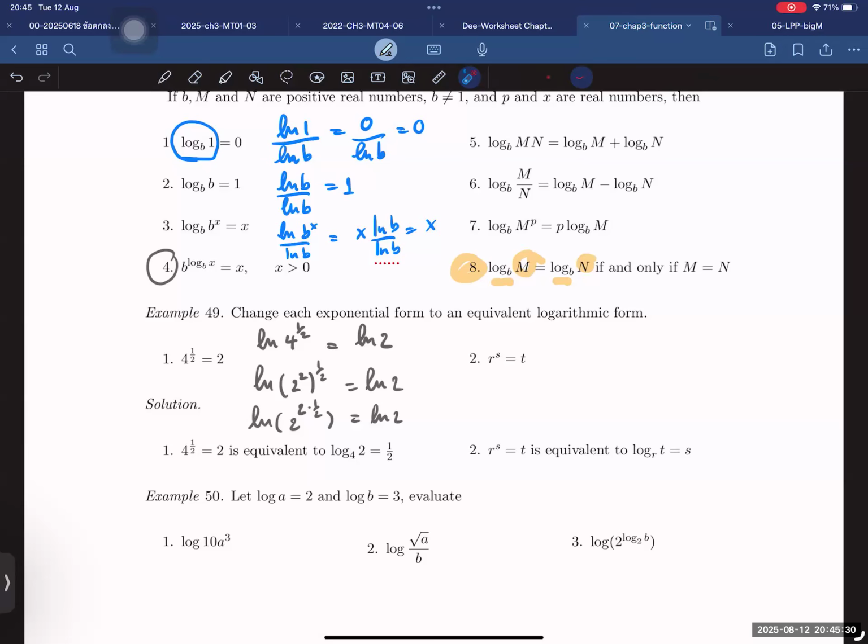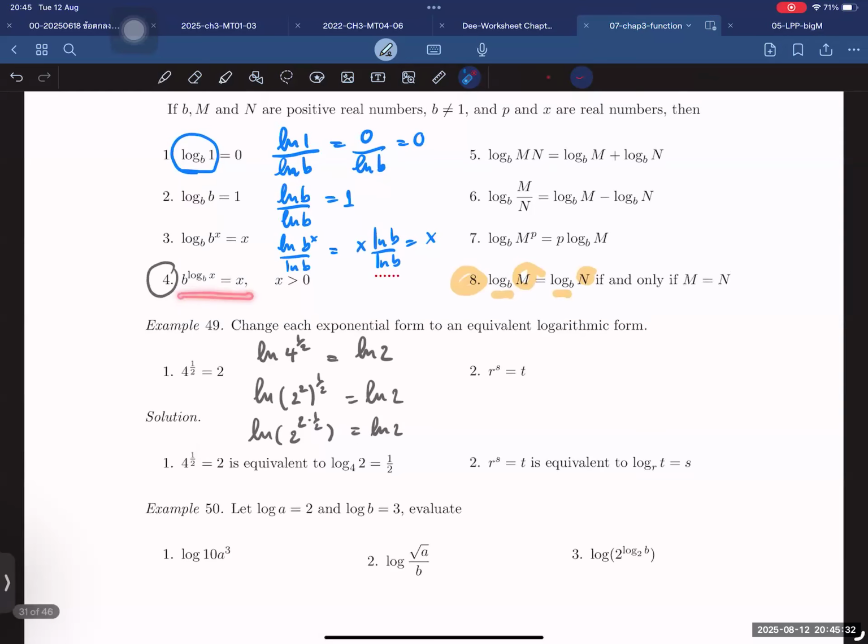Okay, but if you take the form like this, we can just change the 4 to the 1/2 using base b, right? If we want this to equal x, it means that we take the base here of the log. It's like this uses property number 4.